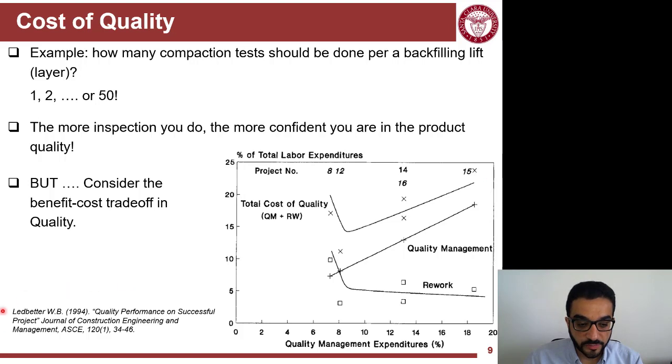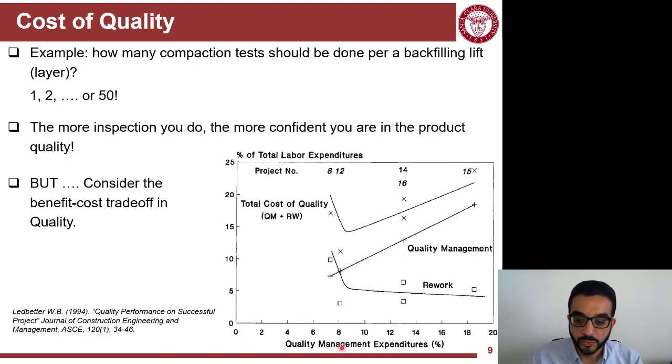This study measured the quality performance, meaning they focused on one project and collected a lot of samples in terms of how many tests they collected, and they also measured the amount of rework that needed to be done when defects are found.